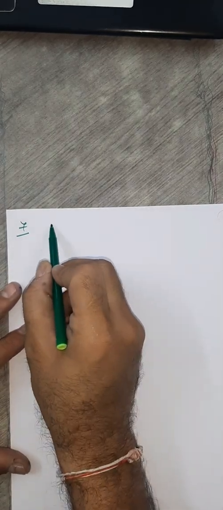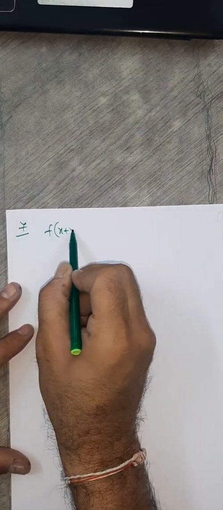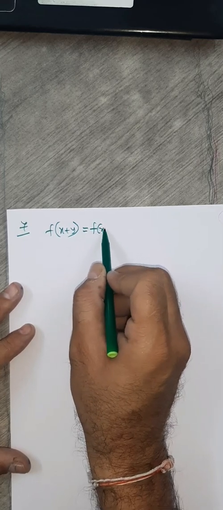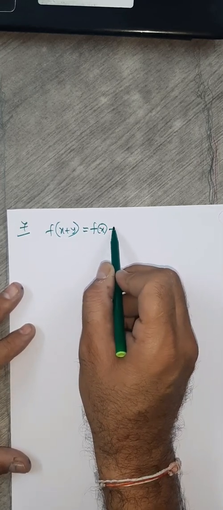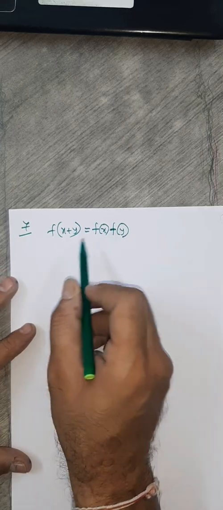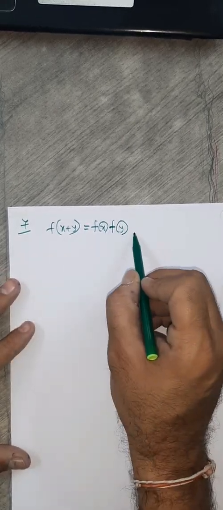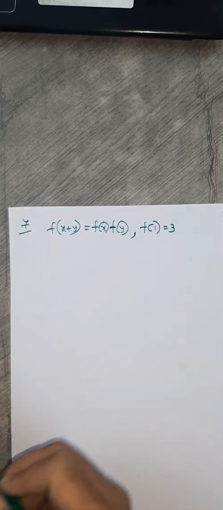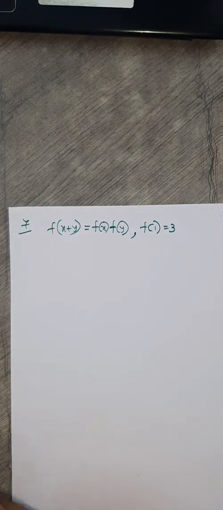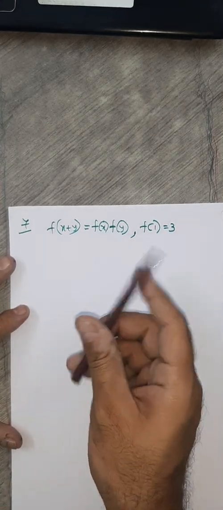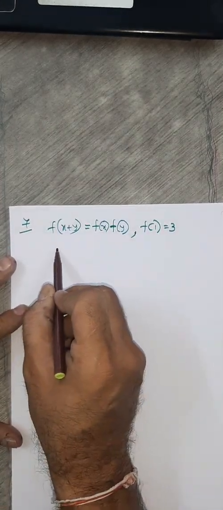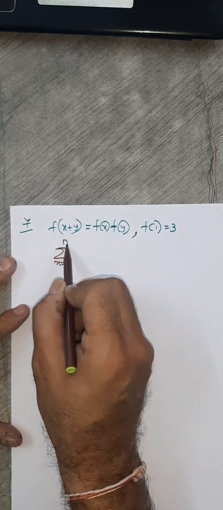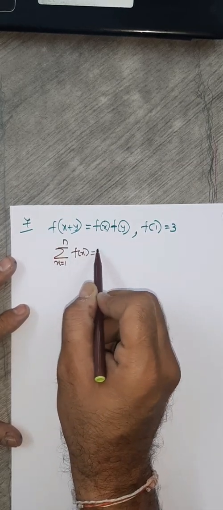So here we have a function which satisfies this condition, f of x plus y equals f of x into f of y. One is this. We are also given that f of 1 is 3. And here, sigma x run from 1 to n f of x equals 120.